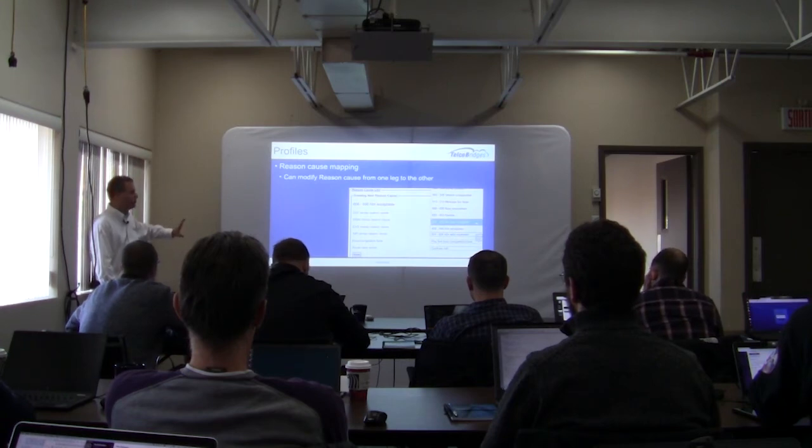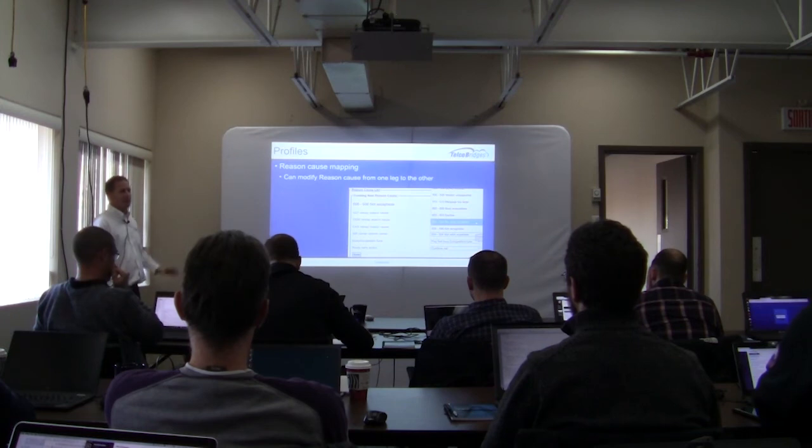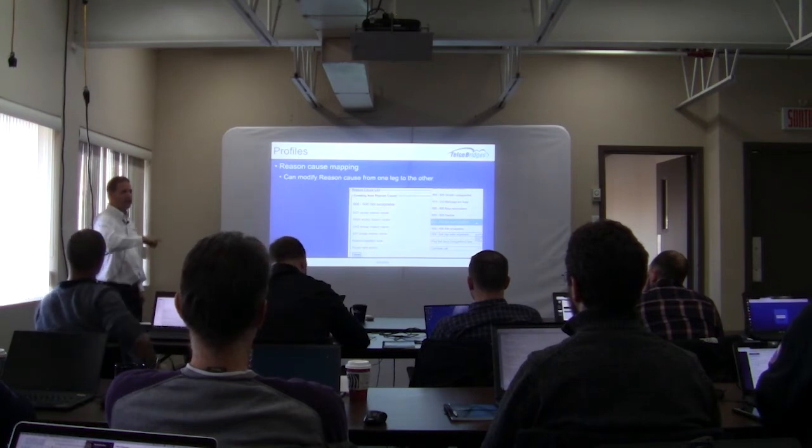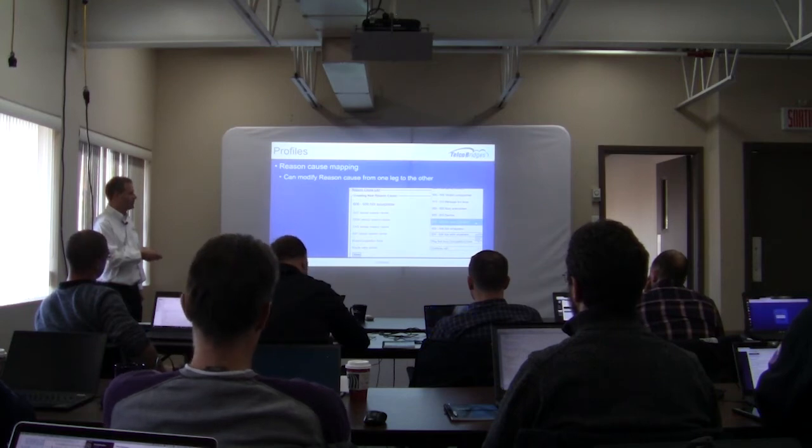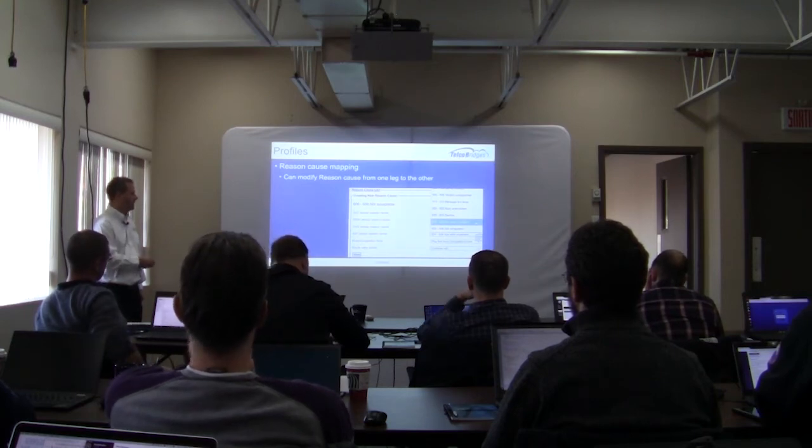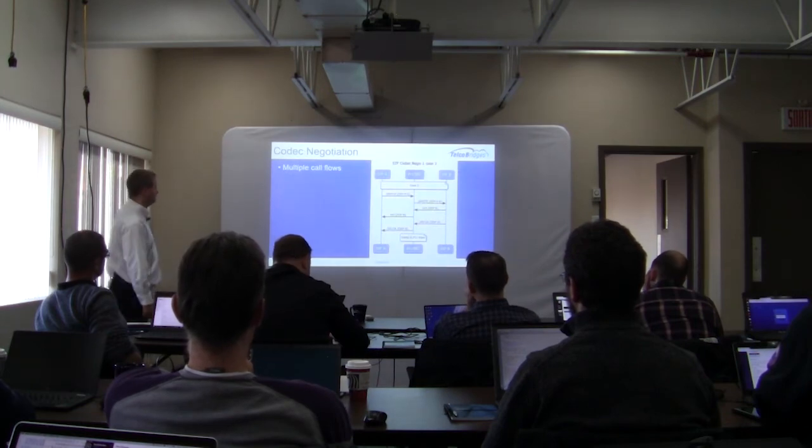Okay? So you can choose what happens with different type of reason cause you receive. We'll see this again in the routing. It's going to make more sense in the routing. This one here is only used if you have transcoding, so we don't need this here.